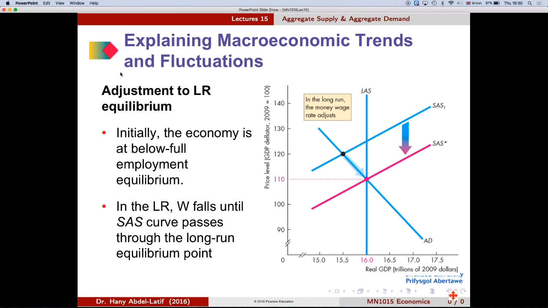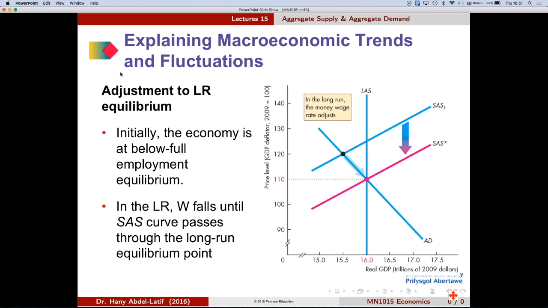Okay, so as I said, the short run equilibrium can happen anywhere. It can happen before, which is the example we have, below the potential GDP, or it could happen at the potential GDP level, or it can happen above or beyond this level. So the example we have here shows how we move from the short run equilibrium point, which happened to be before the potential GDP, to the long run equilibrium, which is at the potential GDP.